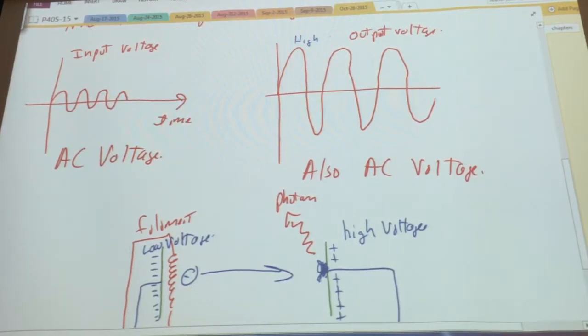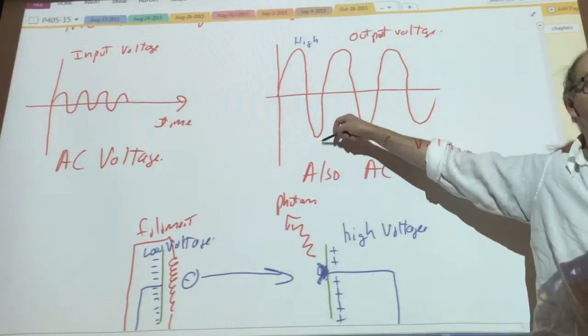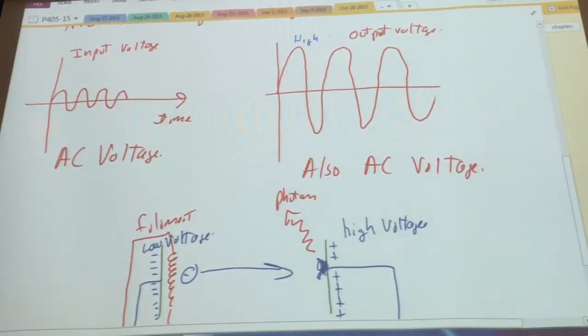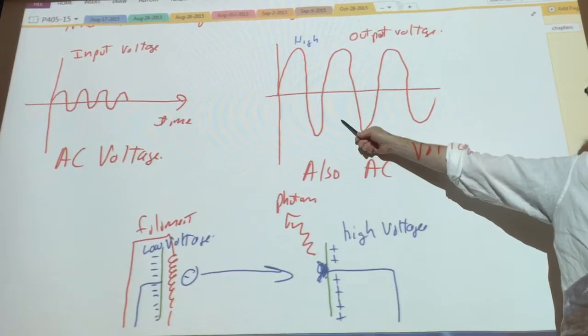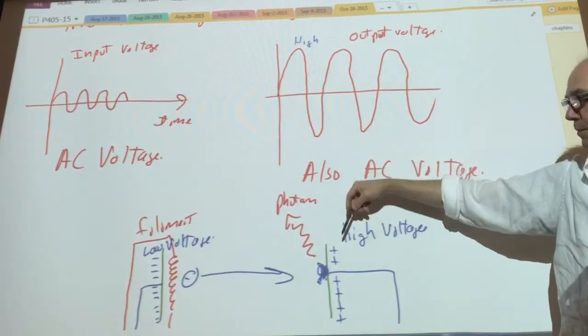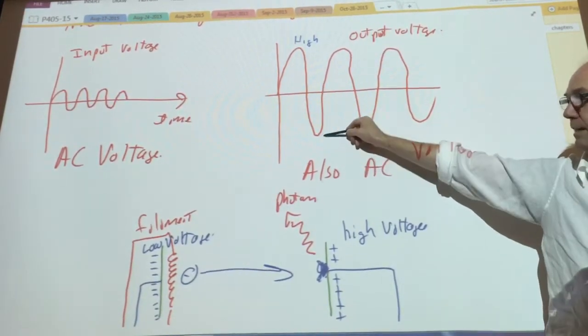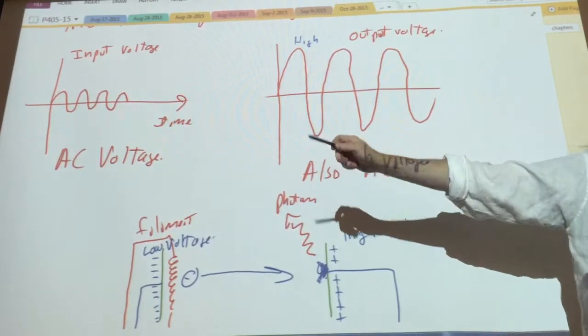And part of our problem is that we also have this part of the cycle to contend with. And in this part of the cycle, the voltage goes the wrong direction. So this would make the anode negative and the cathode positive.